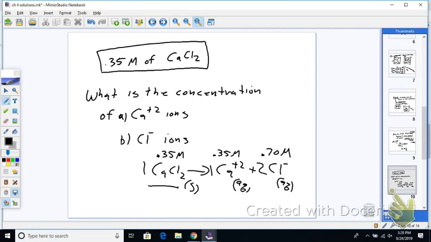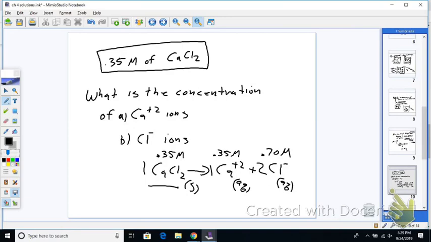It's kind of like an Oreo cookie, right? Break it apart, you got 2 cookies, 1 center. Calcium would be like your center, and your chlorines would be like the cookies, so if you break apart 10 of them, you got 20 cookies and 10 centers. So it would be the same.